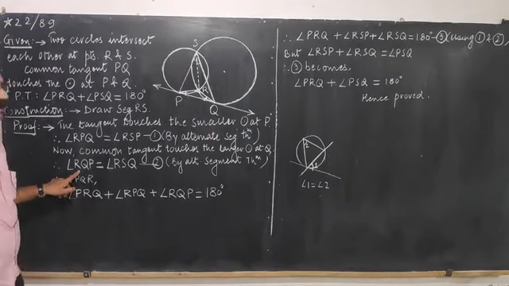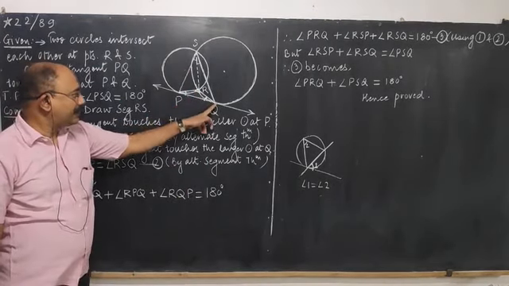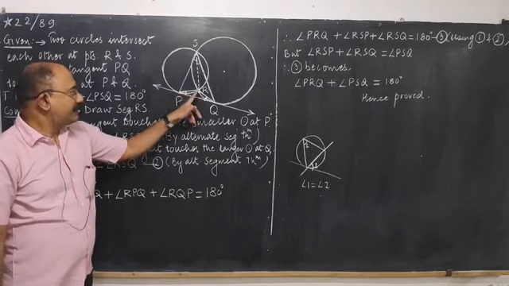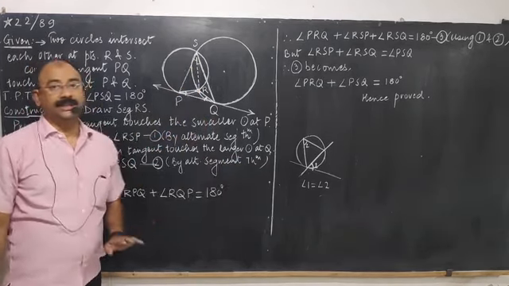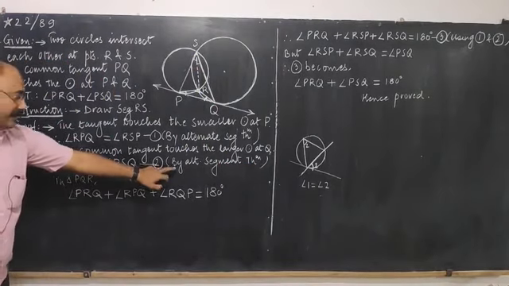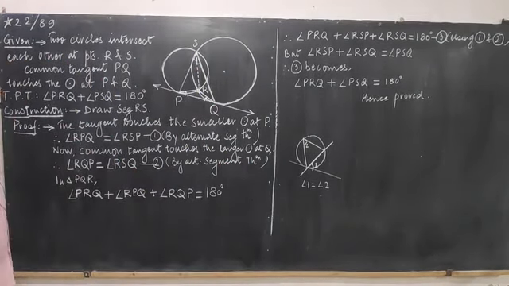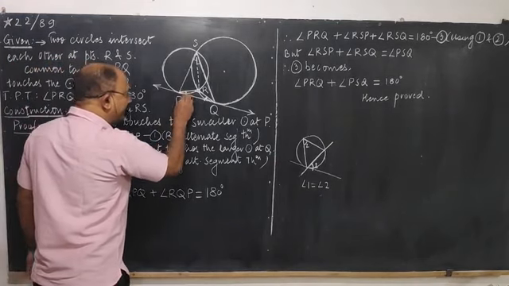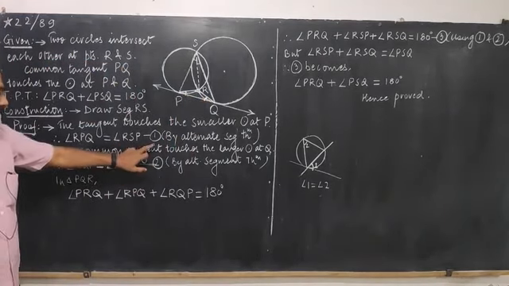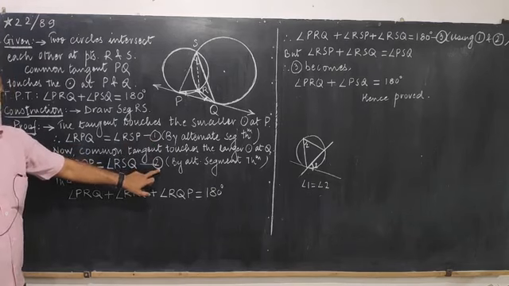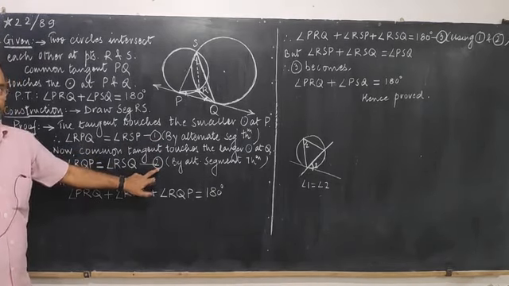Measure of angle RQP is equal to angle RSQ by the same theorem, alternate segment theorem. So we have obtained equivalents for these two angles. Okay, we have numbered those equations as equation number 1 and equation number 2.